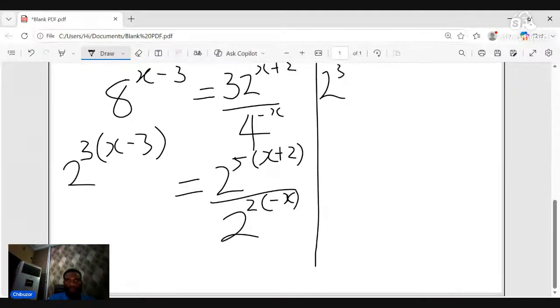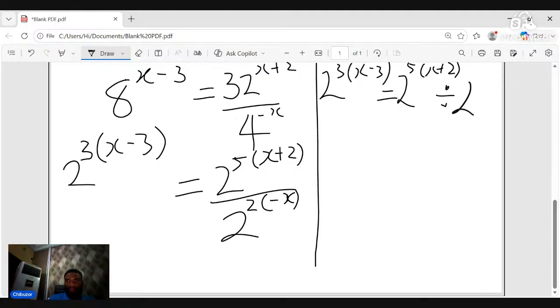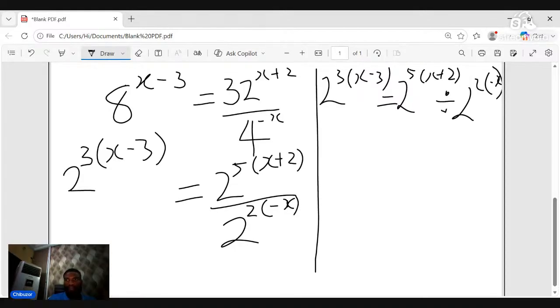Two raised to power 3 in bracket x minus 3 is equal to 2 raised to power 5 in bracket x plus 2, divided by 2 raised to power 2 minus x.